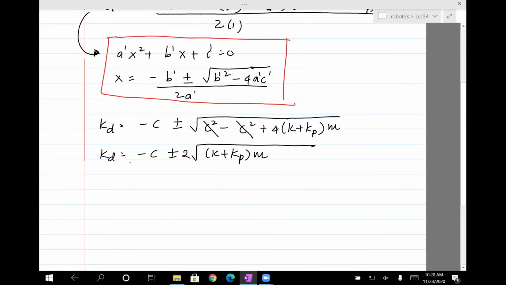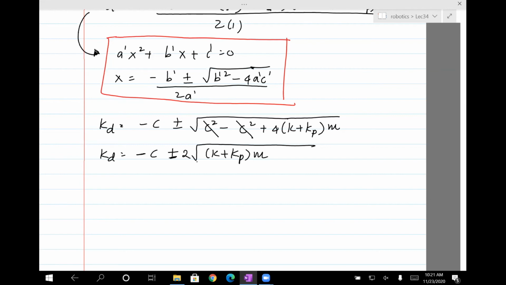So there are two solutions, one with the positive sign, one with the negative sign. Now, for sure, you don't want the negative sign here, because if you have a negative C and the negative of a term which is positive, then effectively Kd is going to be negative. And a negative Kd is actually called positive feedback. It'll make the system go unstable. Think of it like having a viscous term that is not damping the system out, but actually pumping in energy.